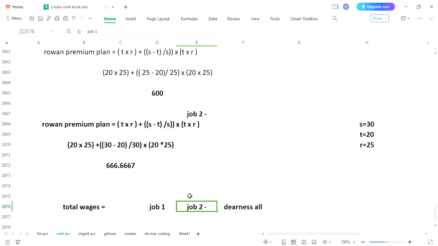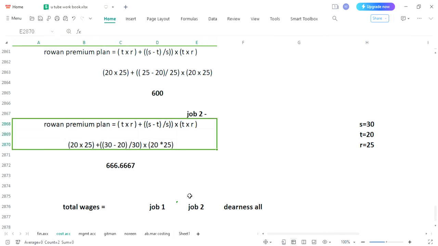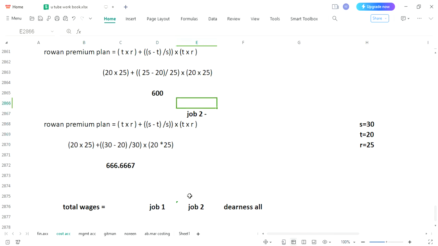In this way we can get the total of these three elements with which we will be able to calculate our total wages. So there were three answers. Look at it.